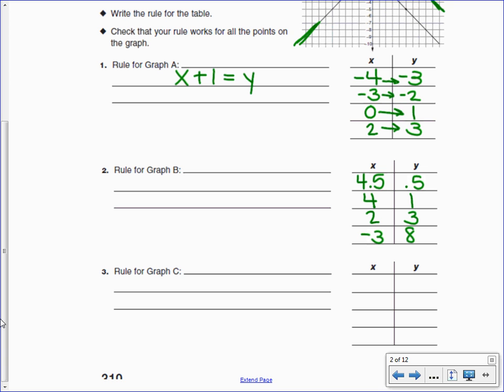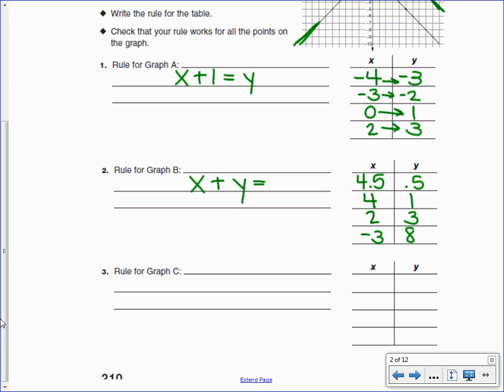What are we doing to get 5? X plus Y equals 5. What do you get every single time when you take X plus Y?